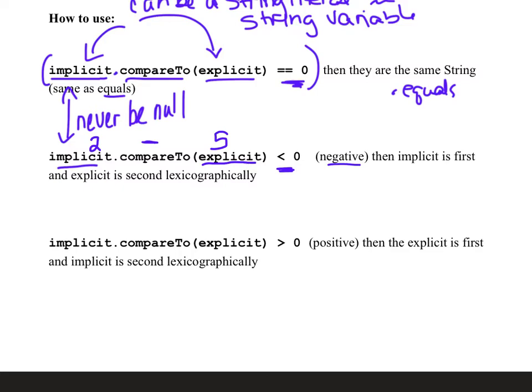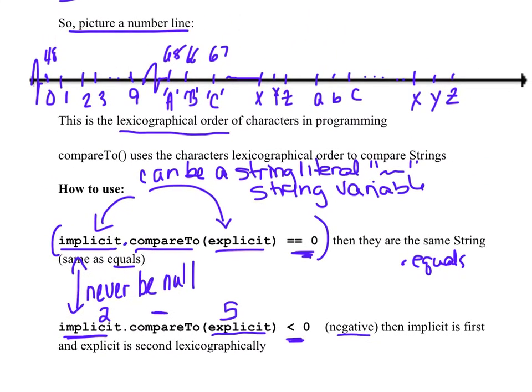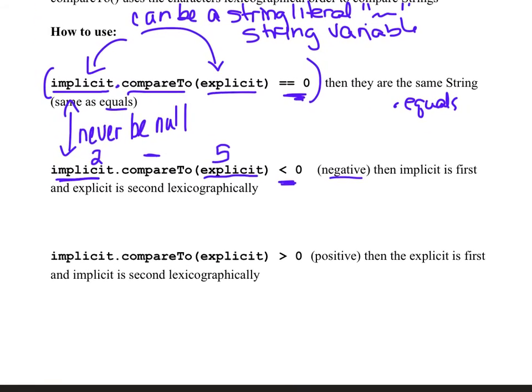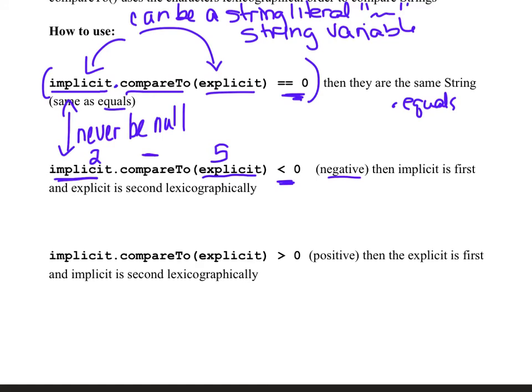If we're lower on that lexicographical number line, whether a number, uppercase or lowercase, and we fall more to the left, we're going to be a lower number than this one. When we subtract them, we wind up getting a negative number, or less than 0.